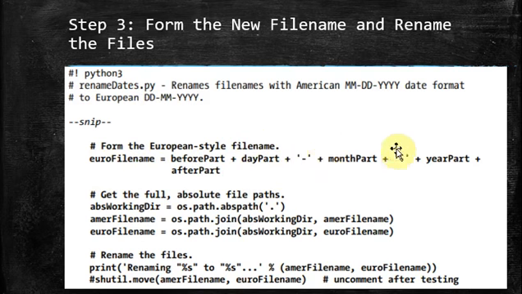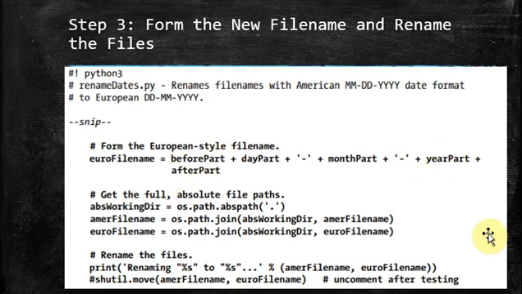Then you have the month part. Here the plus is nothing but the concatenation you've used. After the month part, again you have a hyphen. Then you have the year part, and after the date, you might have some text part, which will be written after this date.